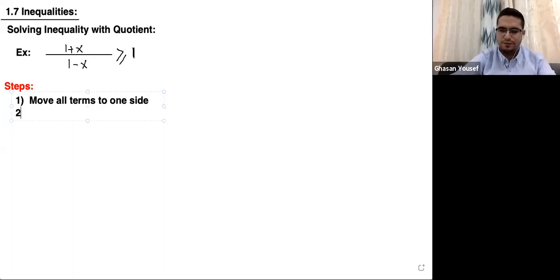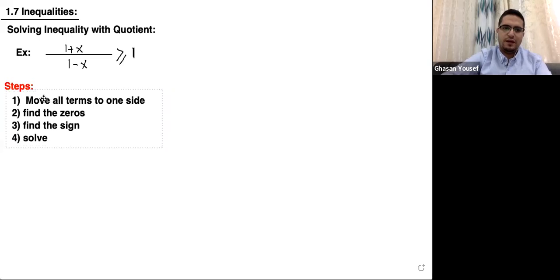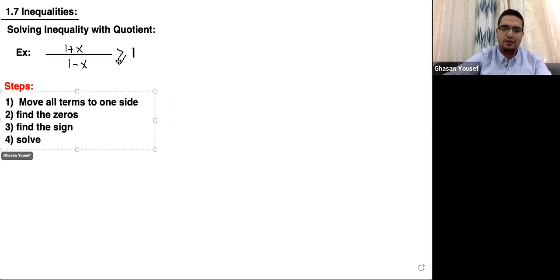Number 2, find the zeros. Number 3, find the sign. And the last one, number 4, solve. These are the steps for how we can solve the quotient inequality.